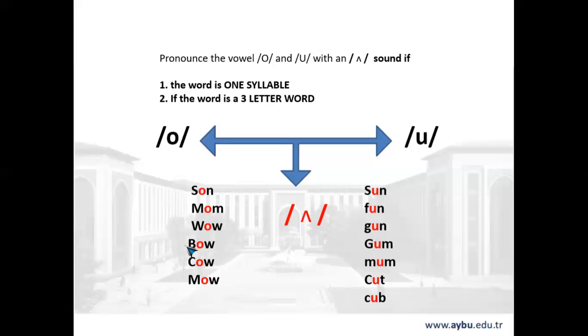wow, bow, cow, mow. In the same way, the letter U is pronounced as A when the word is a 3-letter word and the vowel that can be found in it is a U. As examples: sun, fun, gun, gum, mom, cut, cup.